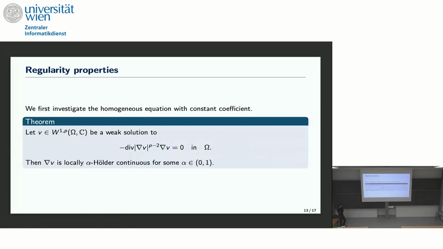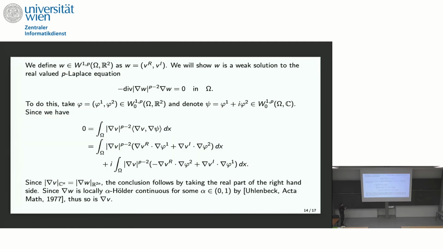To prove that, for a given solution, we define the vectorial function W in this way. This is the real part of V and imaginary part of V. This is a vectorial map. And now I claim W is the weak solution of this equation. So this is a real valued solution of the Laplacian equation.